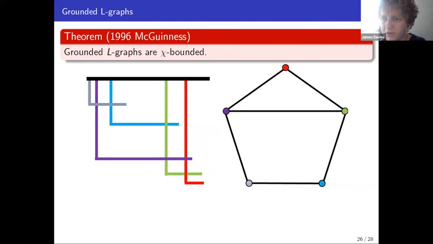Generalizing circle graphs in a slightly different direction is grounded L graphs. These are intersection graphs of grounded L-shapes, by which I mean L-shapes whose topmost point lies on some grounding line. And it might not be obvious, but these actually contain circle graphs as well. These are also known to be chi-bounded, with the best known chi-bounding function being doubly exponential.